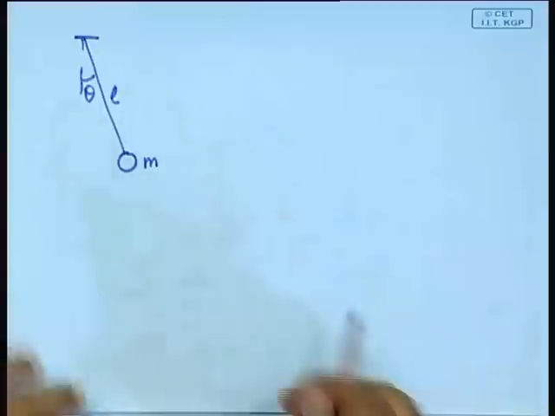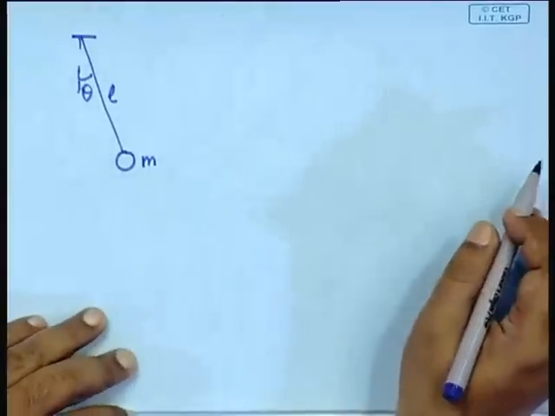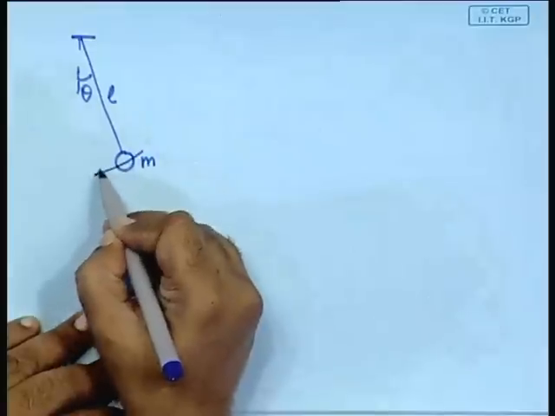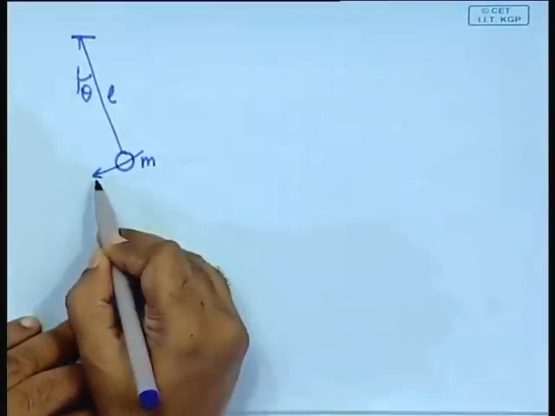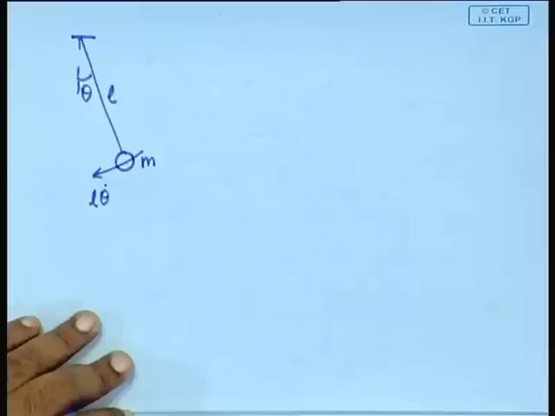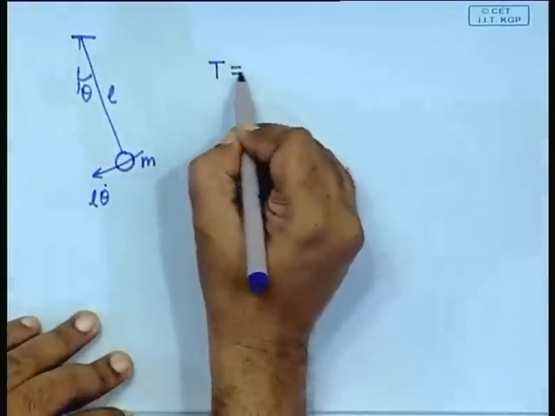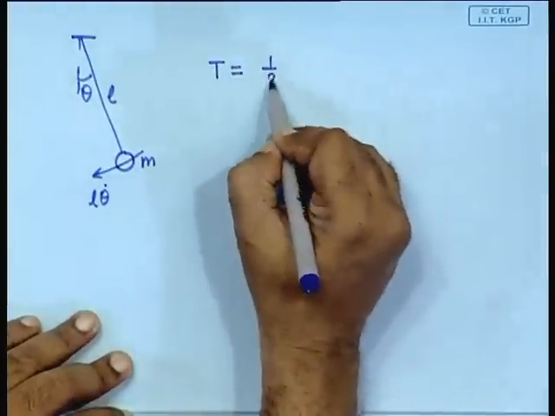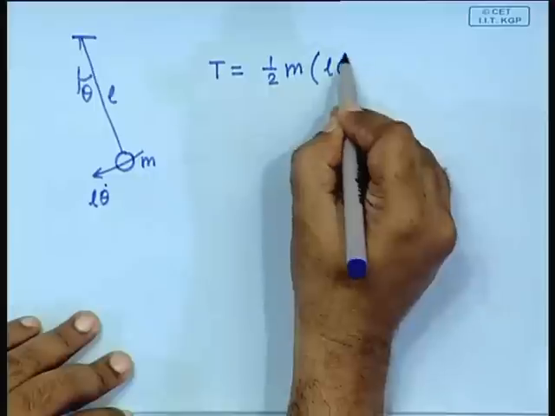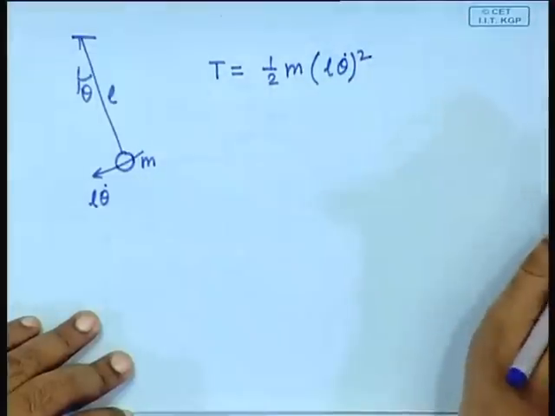In this case the velocity will be L theta dot, and therefore the kinetic energy will be half m L square theta dot square.